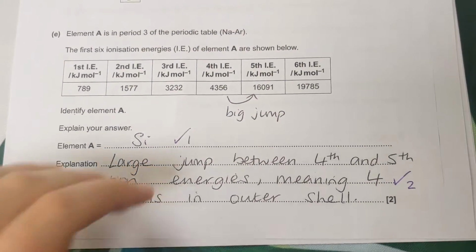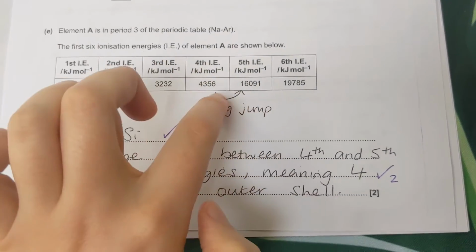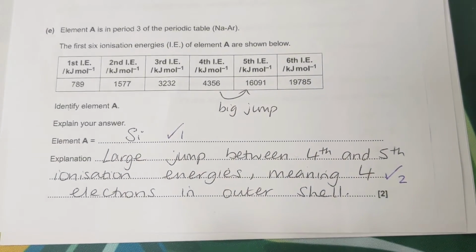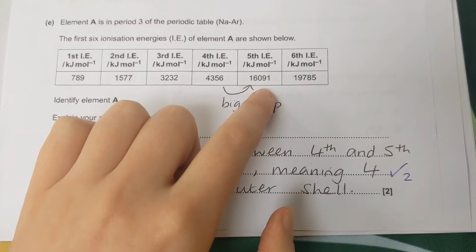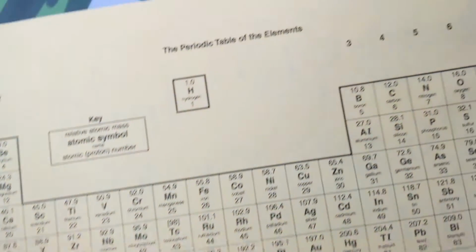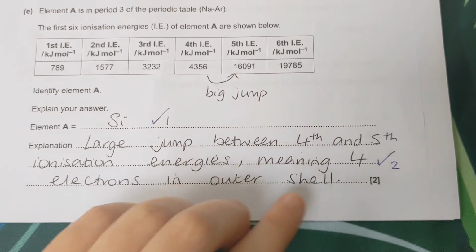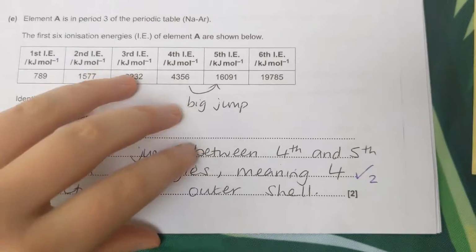That tells us that we have 4 outer electrons, and then this big jump means the electron is being removed from an inner shell, a lot closer to the nucleus. So it takes a lot more energy to remove that one from the inner shell. Period 3, group 4, that is silicon. And the explanation, large jump between 4th and 5th ionisation energies, meaning 4 electrons in the outer shell.